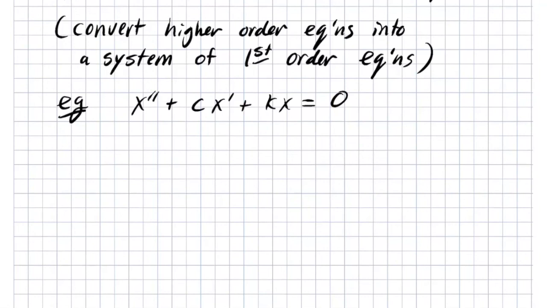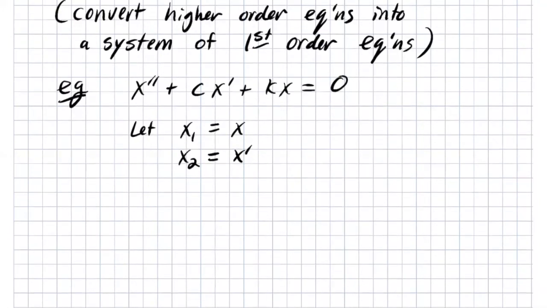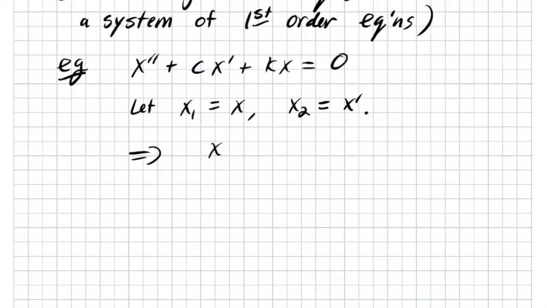We're going to let x1 be x, and we'll let x2 be x prime. And what does this give us? I'll just move this over here. So x1 prime is x2.